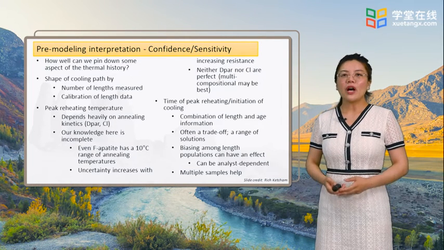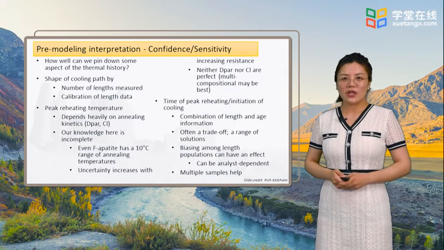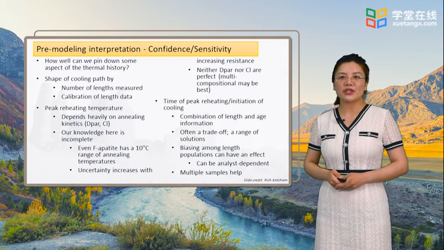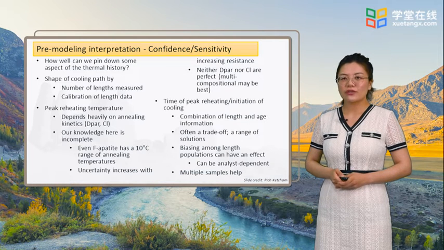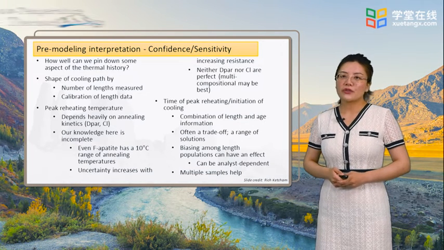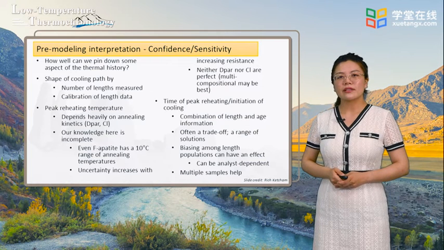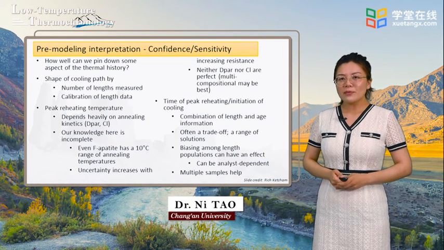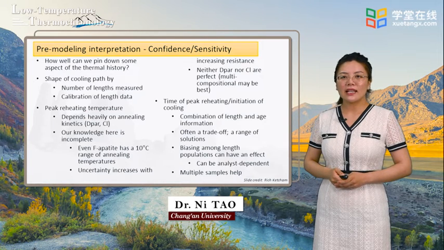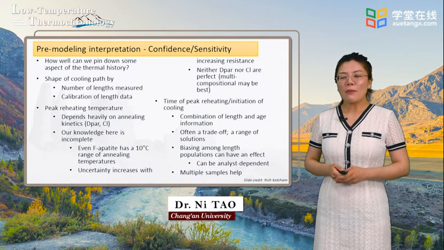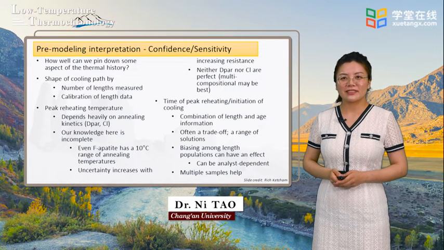And the time of peak reheating or initiation of cooling should be considered with the combination of length and other information such as age, which is often a trade-off, however, as there is a range of solutions. Biasing among length populations can leave an effect and can be analyzed. Multiple samples will help in some of these cases, however.